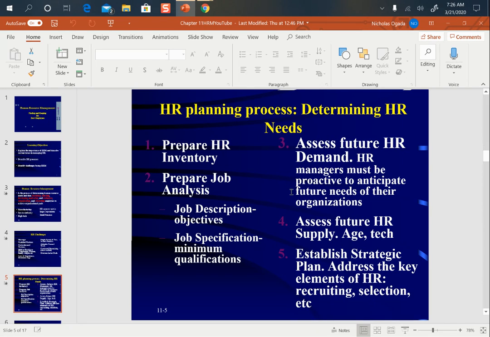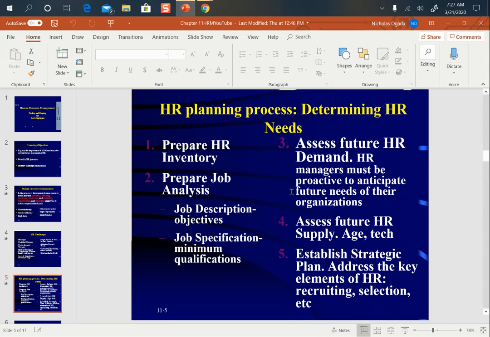So in other words, you're trying to figure out the job description and the job specification, because those are basically the two outputs that come out of a job analysis: the job description and the job specifications, where the job specification identifies the minimum requirements for a particular position.